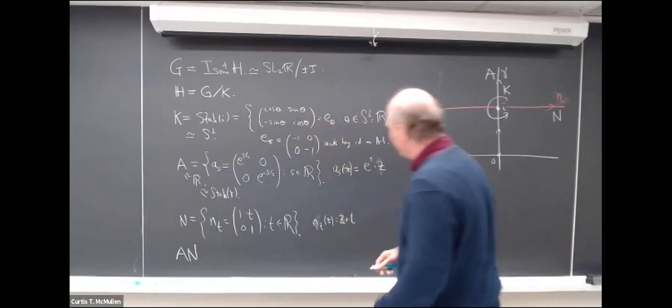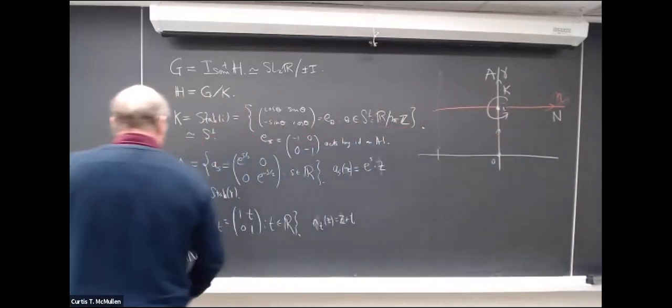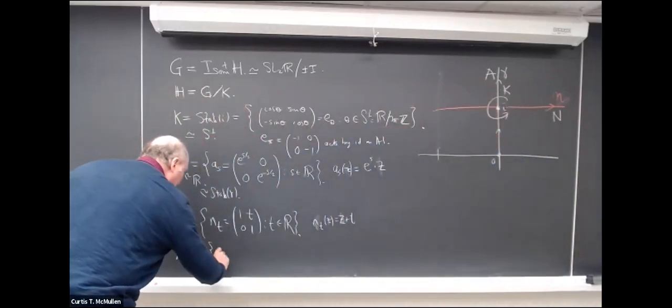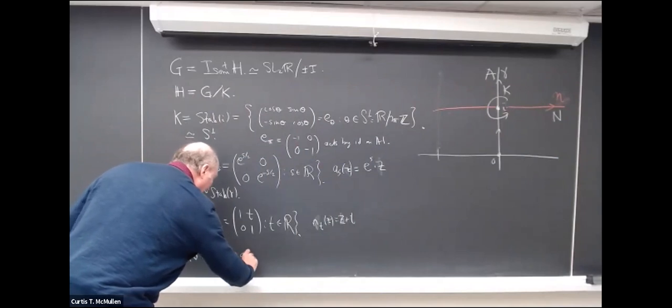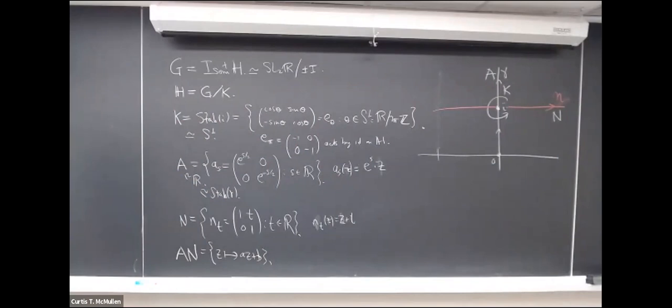When you put addition and multiplication together, you just get the affine group. So AN, if you like, is the set of transformations Z goes to AZ plus B. It's a solvable group with N as a normal subgroup. It's a two-dimensional subgroup of G, whereas these three are one-dimensional.